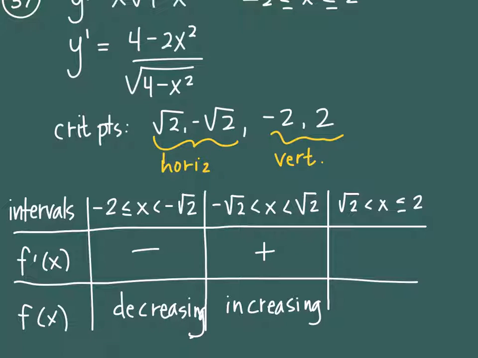And then finally, we'll pick another number that's in the last set of intervals, so probably just for symmetry's sake, we'll pick +1.5. If we plug +1.5 into the derivative and square it, we should get the exact same thing as we did when we used -1.5. So that will be negative again. So this is back to decreasing.